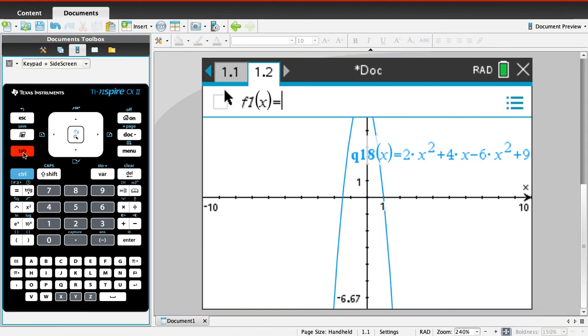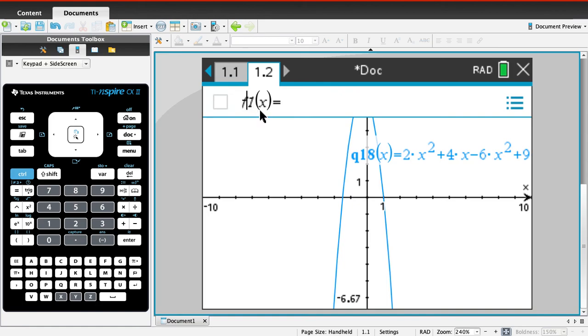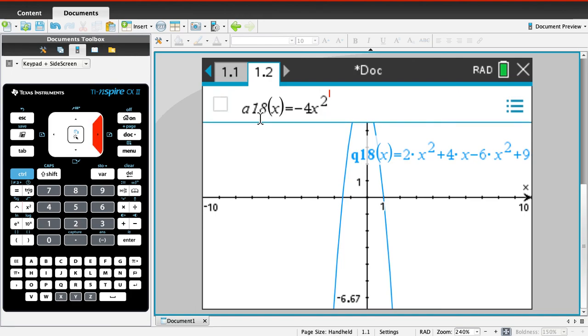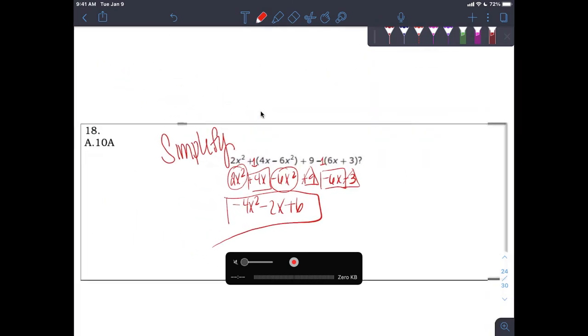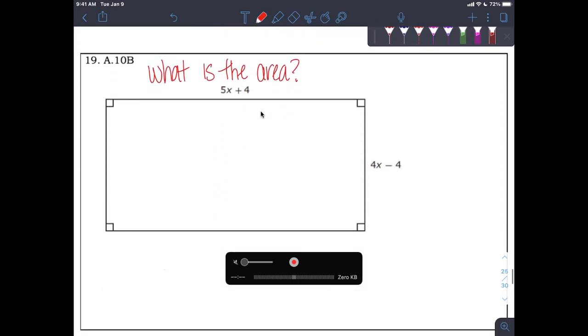Let's go ahead and hit tab and add in my answer for number 18. And this is going to be negative 4x to the power of 2 minus 2x plus 6. And look at that, it lays exactly on there. So that means that we have exactly the right answer. Let's take a look at the next one.